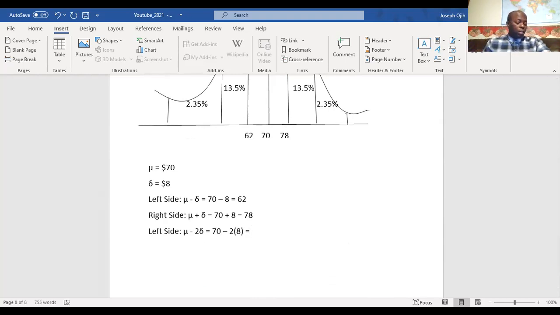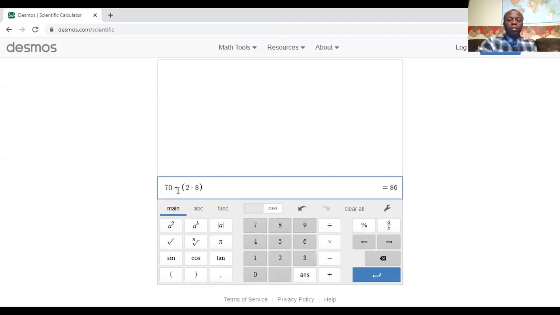Mean 70 minus 2 times 8. I'll take it to decimals. 70 minus 2 times 8 is $54. And 70 plus 2 times 8 will be $86. So I got both of them.